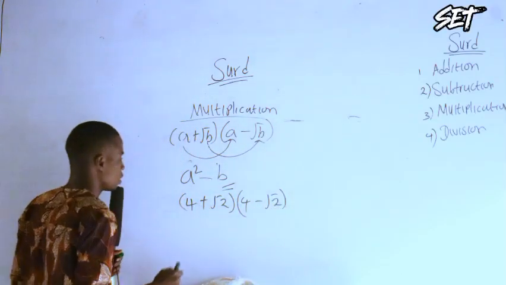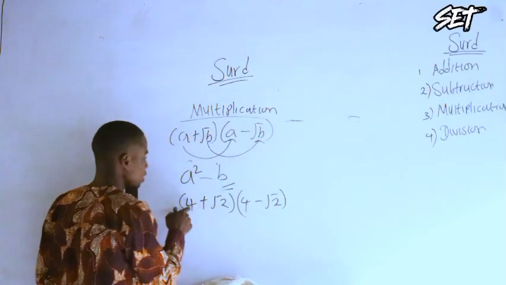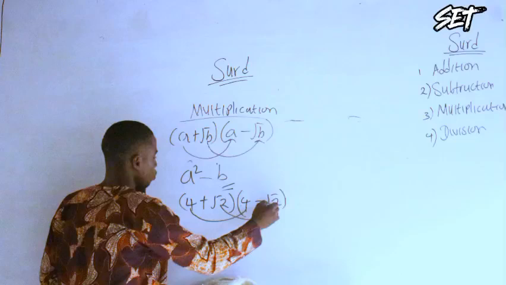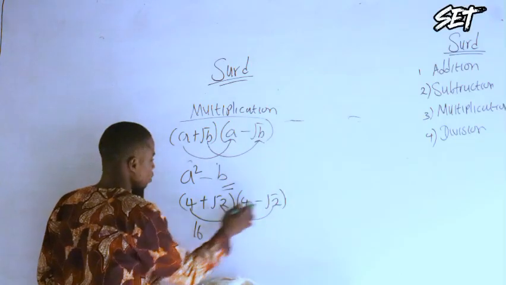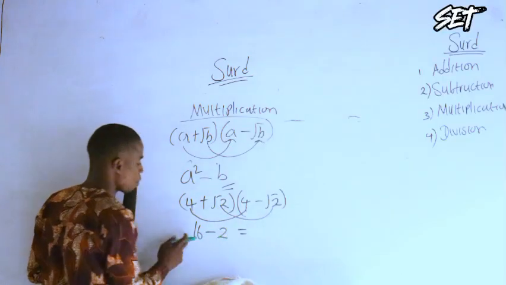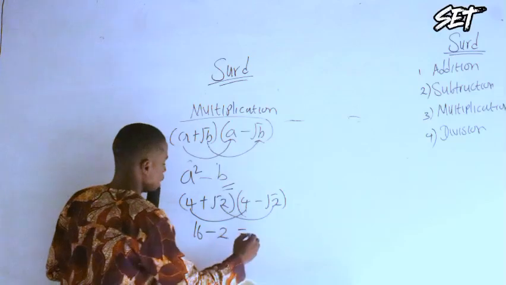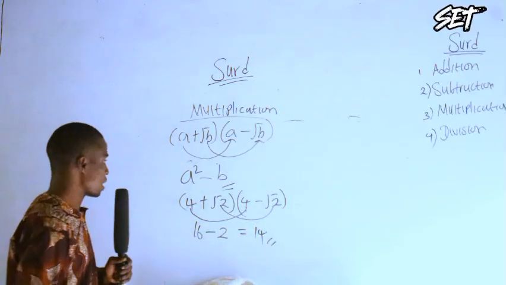They are the same thing. The only one that is different is the symbol. Just multiply this one by this and this one by this. This one and this is 16. And this one and this, minus 2. When you subtract, 14. That's the answer. Very, very simple as ABC.